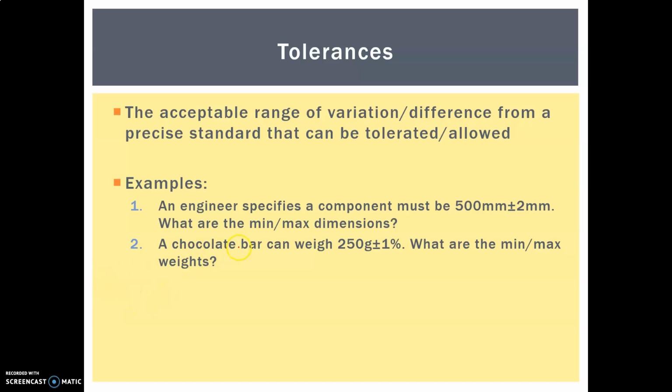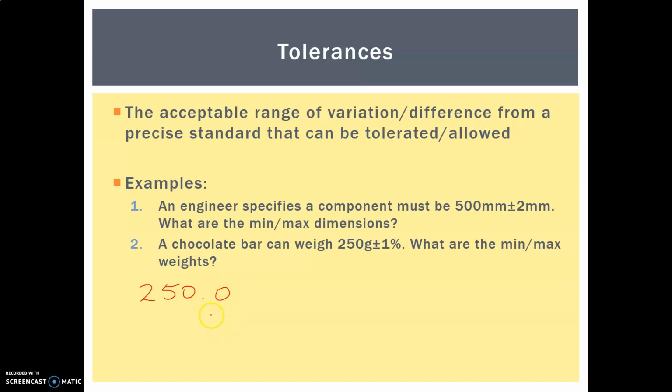So if a chocolate bar, we want 1% of 250 grams. Now, you can work that out straight away, but for those people that might struggle a little bit, let's do 10% because that's nice and easy. Well, if we have 250.0, there we go, because that's visible, isn't it?